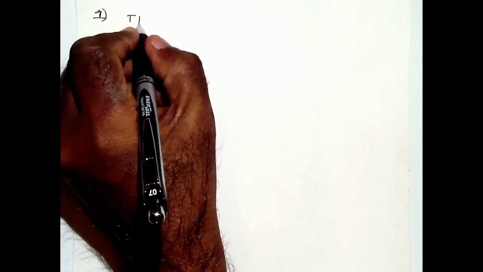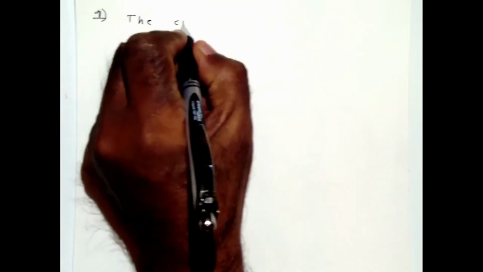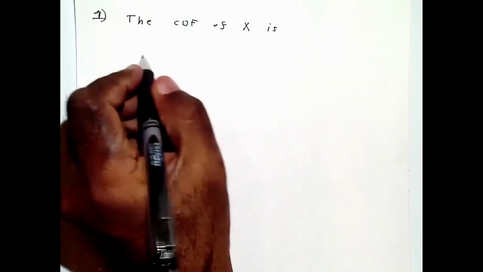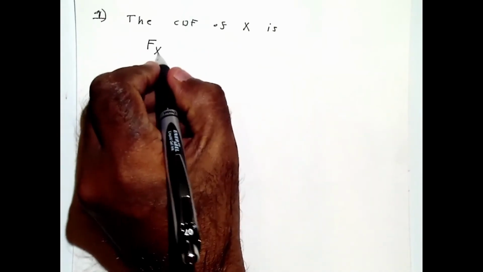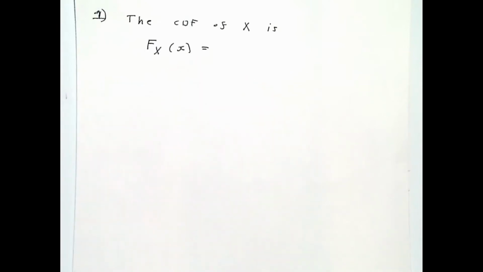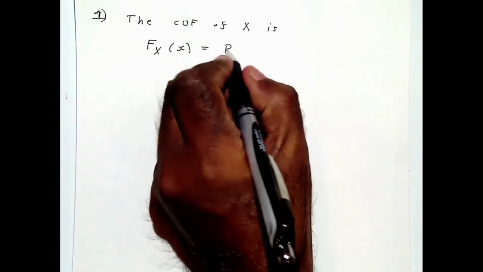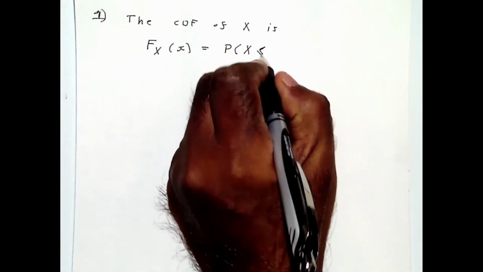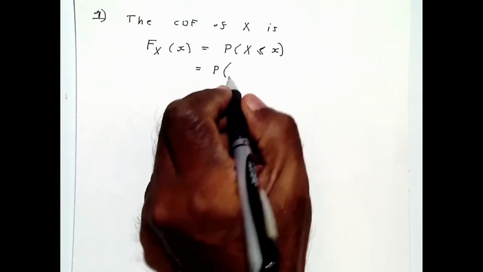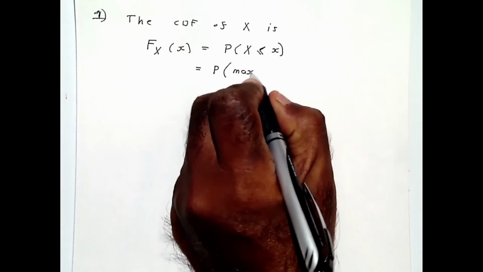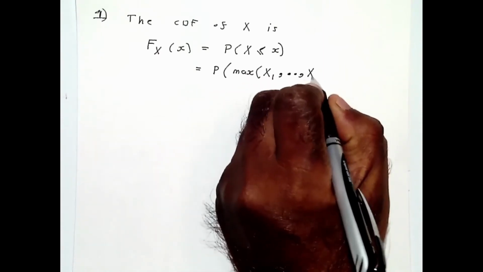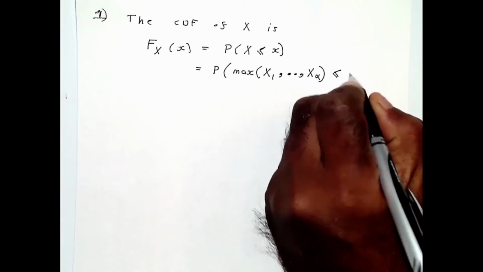So the CDF. I'm going to use the following notation to denote the CDF, and by definition this is the probability that capital X is less than or equal to little x, and this is the probability that the maximum of X1 to X alpha is less than or equal to little x.